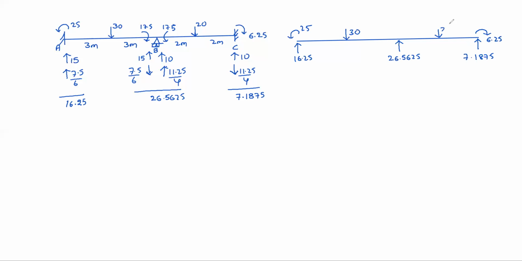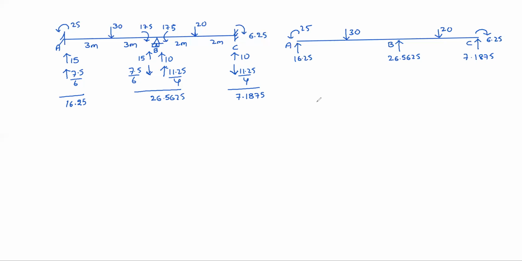These are the reactions and loads, okay? Actually, no need to mention here internal moments at B. Internal moment at B is 17.5. If you want, you can mark, otherwise you can leave it, okay?